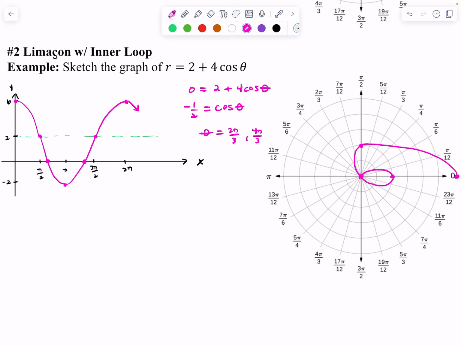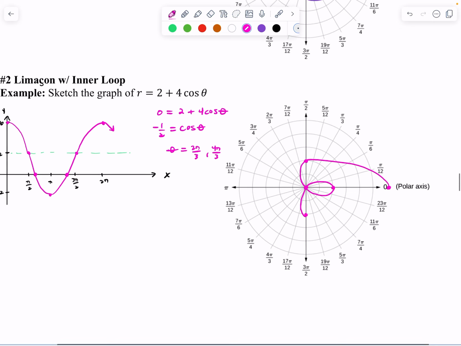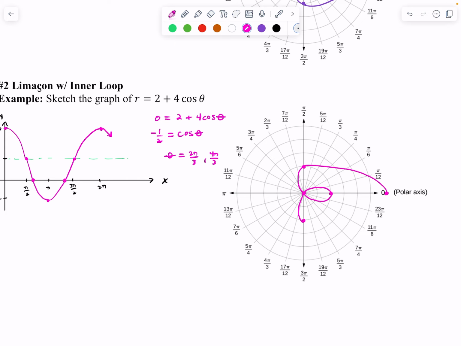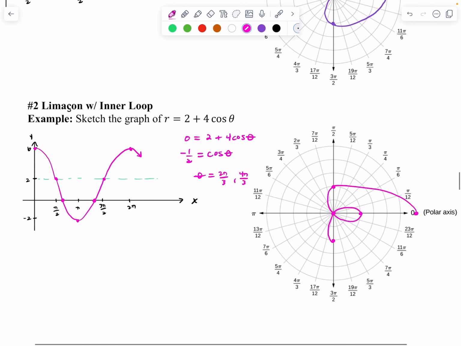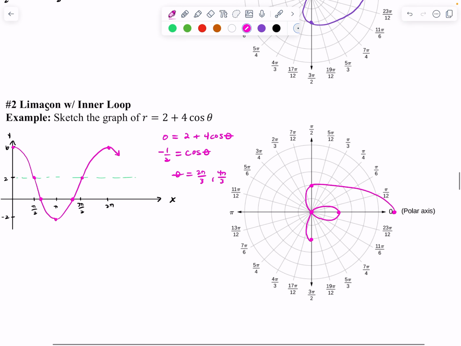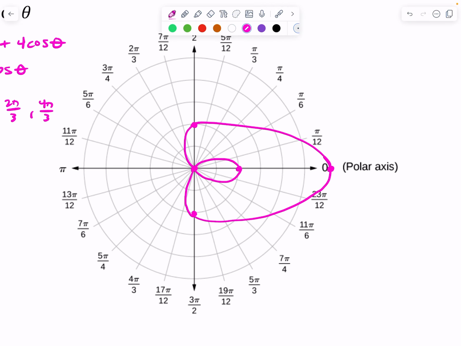And then at 3 pi over 2, r is 2. We can see that from 4 pi over 3 to 3 pi over 2, the r values are positive. And then at 2 pi, we're back at 6, so it's going to come back around here. That's maybe a little bit stretched out. I feel like it's probably a rounder graph.